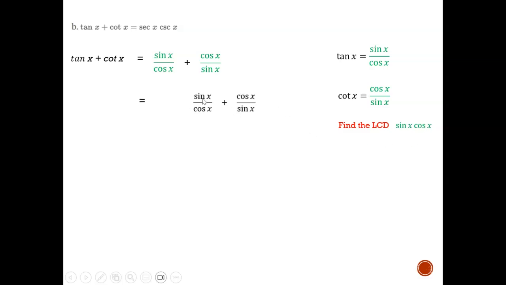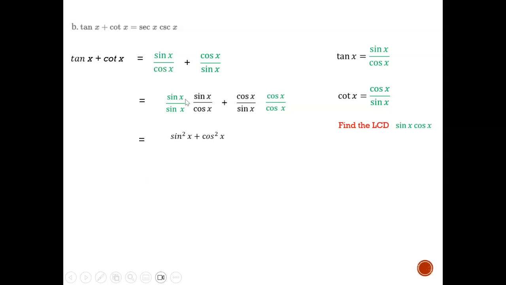That means the one on the left, sine x over cosine x, has a denominator that is missing the sine of x to look like sine x cosine x. So I'm going to multiply top and bottom by sine of x. I'm not changing the value or the identity, because this is equal to 1. On the right side of the plus sign, what's missing in the denominator is the cosine of x, so I'm going to multiply by cosine x over cosine x, and let's see what happens.